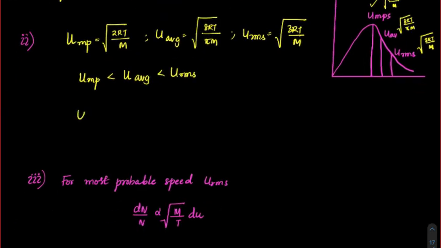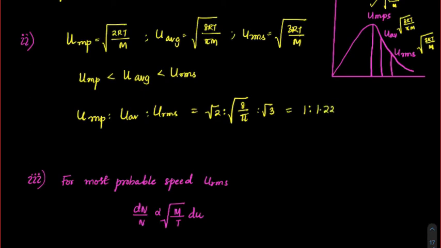And the ratio looks like this: u most probable, u average and u RMS is root 2 is to root of 8 by pi is to root 3, and that converts to 1 is to 1.225 is to 1.414.